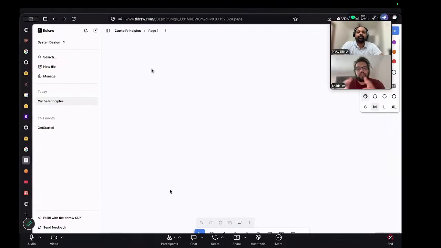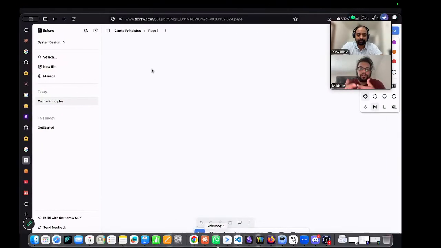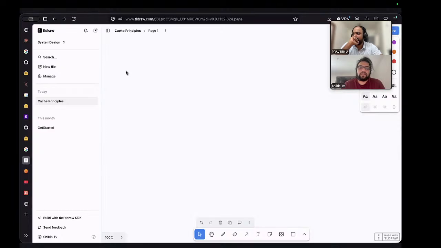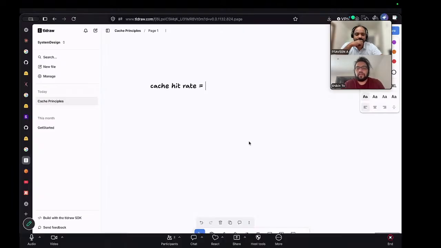For any of these technologies, you need to measure efficacy. For caching, the fundamental thing we measure is called cache hit rate, or simply hit rate.